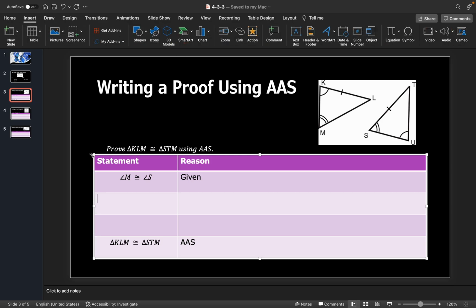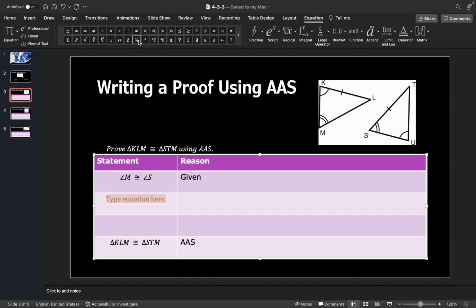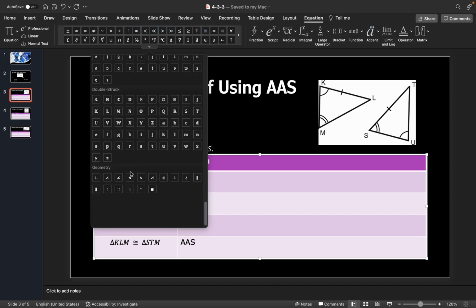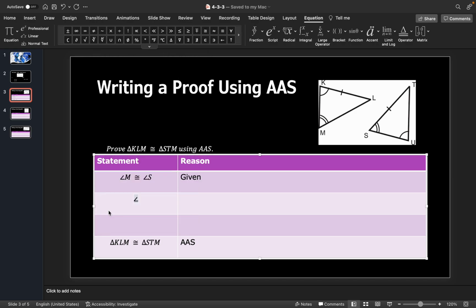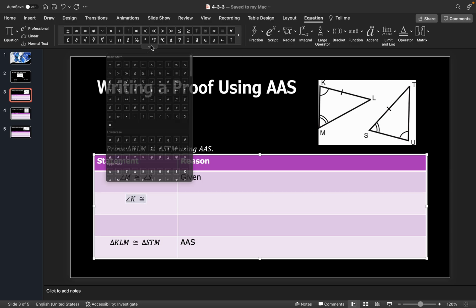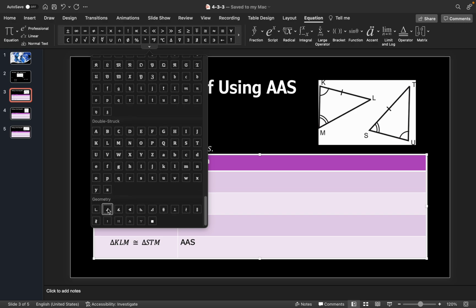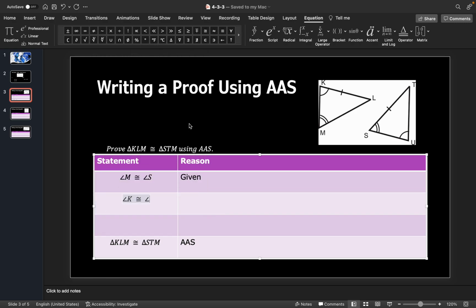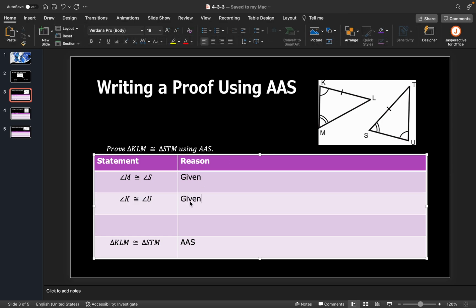For the second angle, because we're doing angle, angle, side, I'm going to add in another angle symbol. Angle K is congruent to angle U. And I know that because it is given.